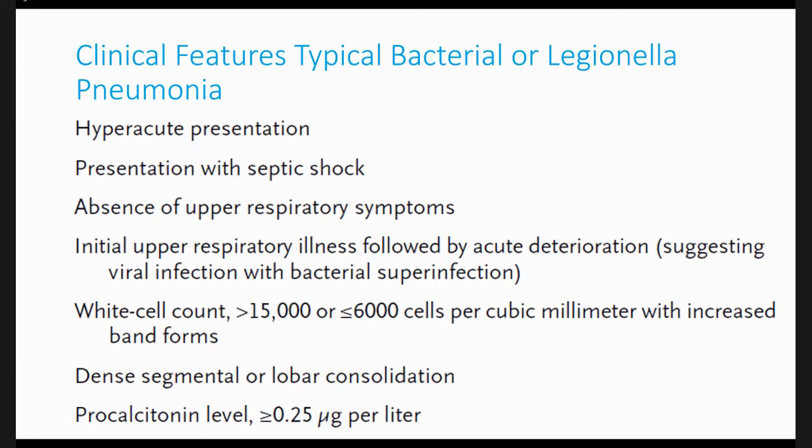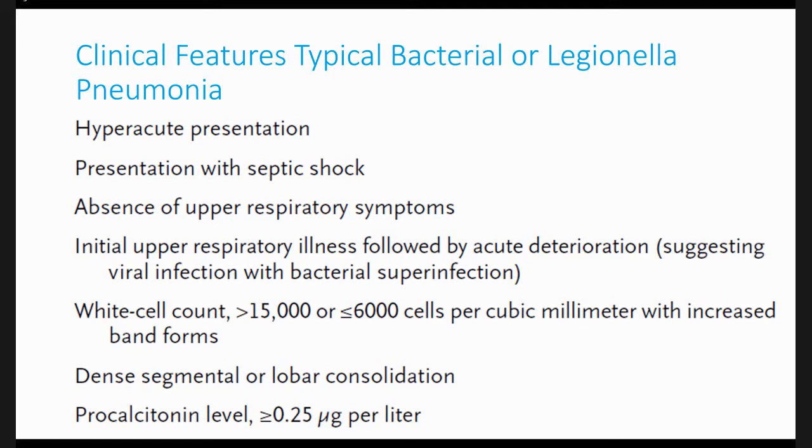Coming back to this slide, the clinical features typical of bacteria, or Legionella because they share similar features, are a hyperacute presentation. Presentation may come with septic shock, may come with absence of upper respiratory symptoms, or an initial upper respiratory illness followed by acute deterioration, which suggests a viral infection with bacterial superinfection.